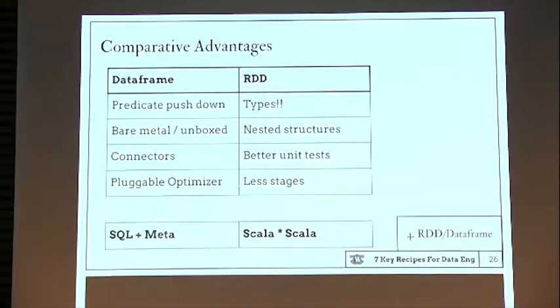But RDD have types, and this allows for better unit tests and also for nested structures. And nested structures are very important in big data.